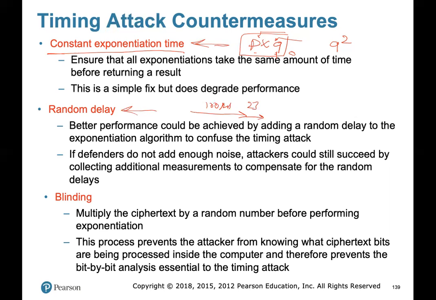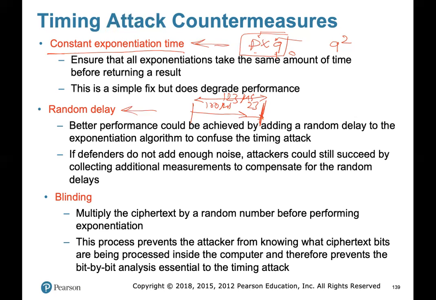So the results will be made available here, and the attacker will be fooled and misled. The attacker assumes that this operation took 123 microseconds, although it was actually 100, but we changed it. So this is called the addition of random delay.